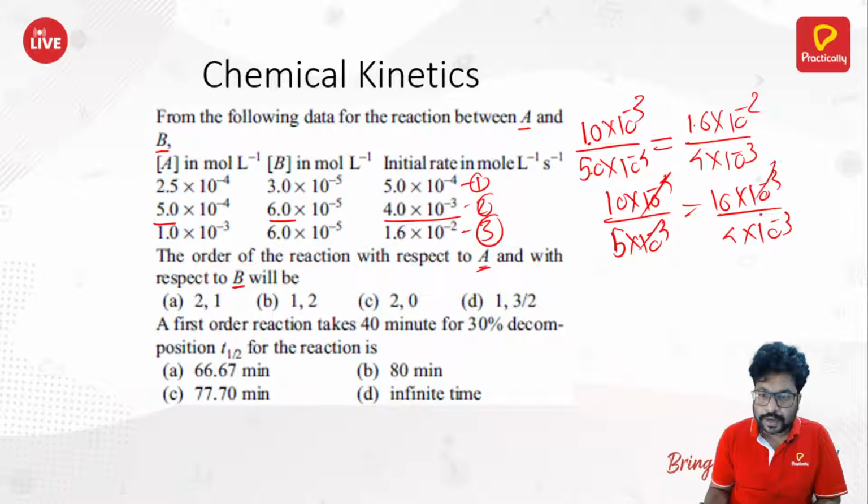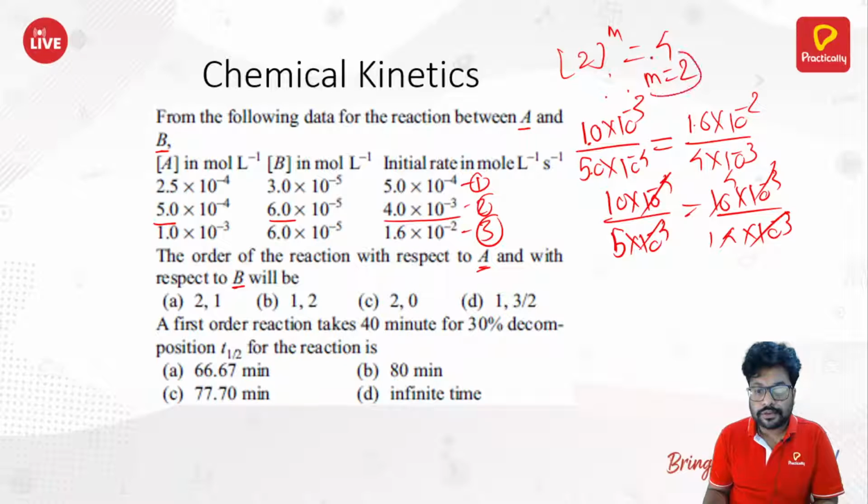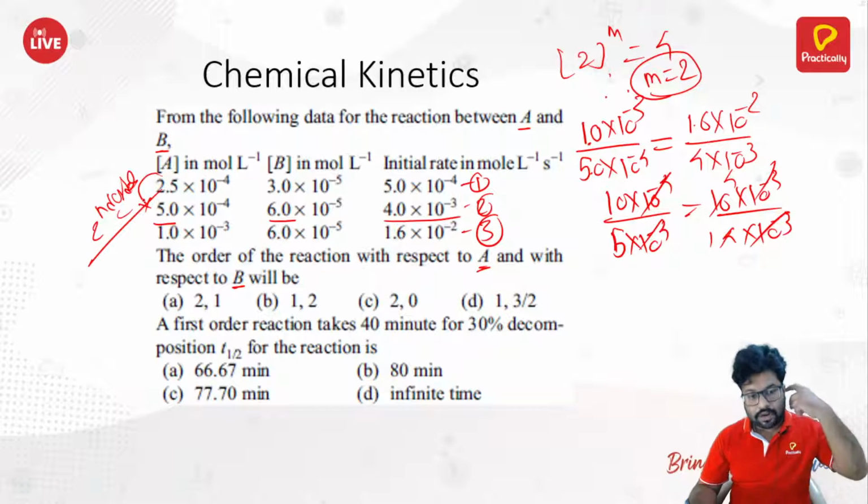Minus 4, minus 4, minus 3, minus 3 get cancelled. 10 divided by 5 is equal to 2. 2 raised to m is equal to 4. This is only possible when m is 2. That means as far as A is concerned, the reaction is second order. So with respect to A, it's second order.